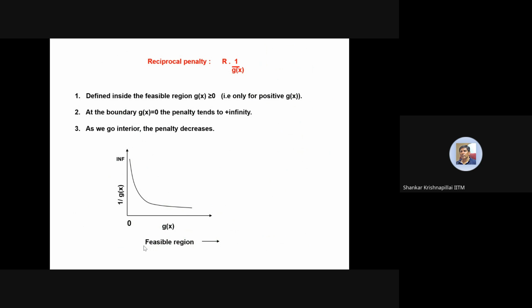Then there's another penalty function which works in the same way as the logarithmic penalty function. So this also works in the interior of the feasible region. That is called the reciprocal penalty function, and the penalty is 1 by g of x.